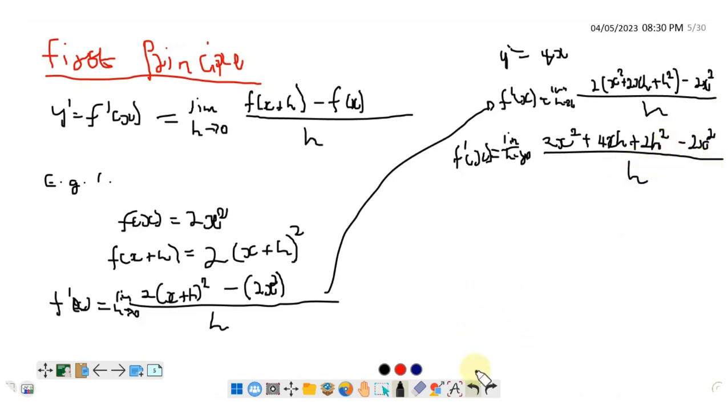Right, I have it like that. Now I start to see similarities. I have 2x squared and minus 2x squared, so they cancel out. So what do I remain with on the next step?